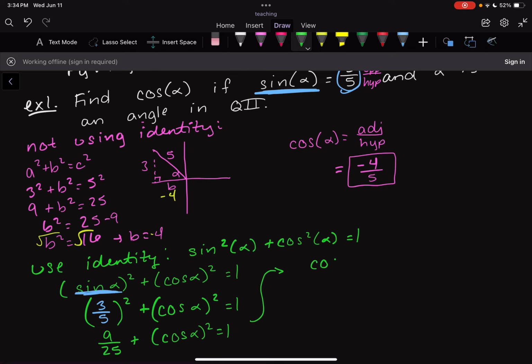Subtracting, I get cosine of my angle squared equals 1 minus 9 over 25. 1 can be written as 25 over 25. So I get cosine of my angle squared is equal to 16 over 25. Then I can take the square root.